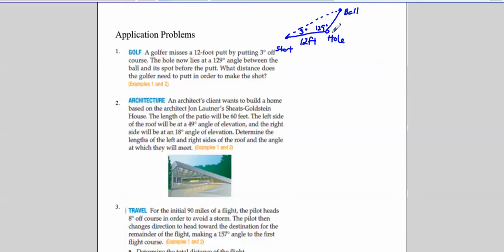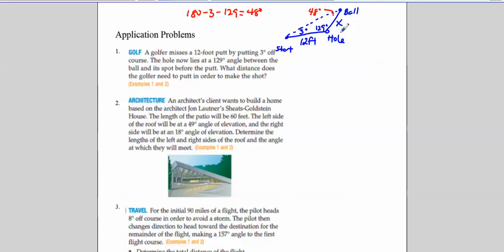So we have 2 angles and a side, and we want to find what distance the golfer needs to putt in order to make the shot. So this is our x over here. We don't have to solve the whole problem, we just need to find that x. In order to find x, we first need to find this angle in here so that we have a corresponding angle and opposite side. For the ball, the angle is going to be 180 minus 3 minus 129, and we get 48 degrees right here.